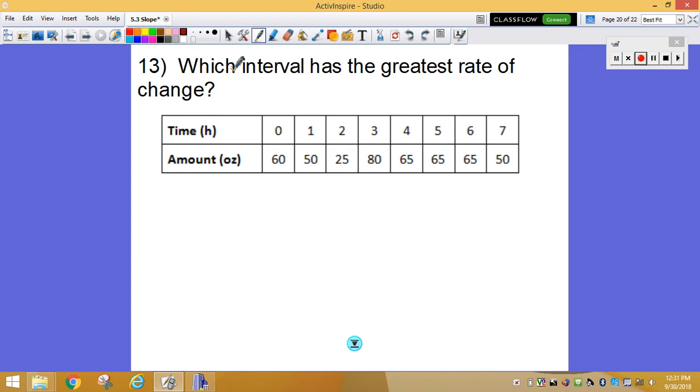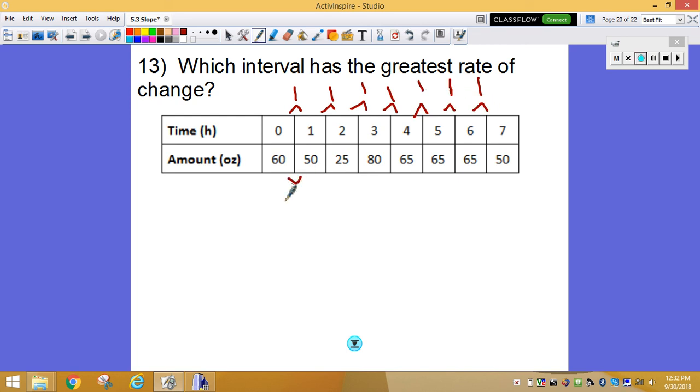Okay, this one is a little bit different. It doesn't say is it the same? It's saying which interval has the greatest rate of change. So let's figure it out. This is 1, 1, 1, 1. We're going up by 1 each time.